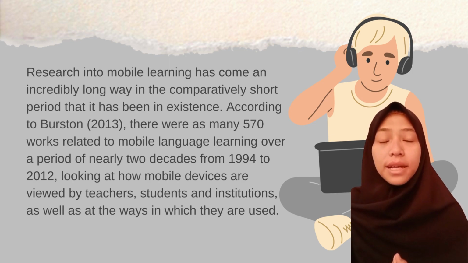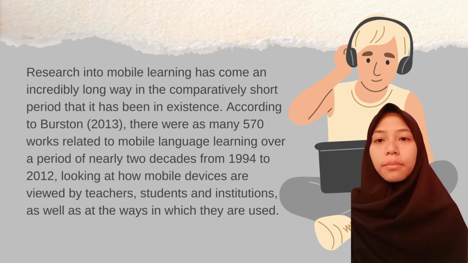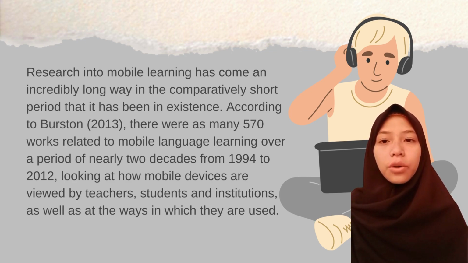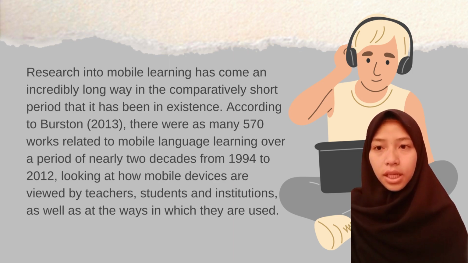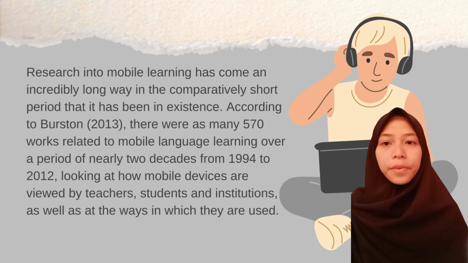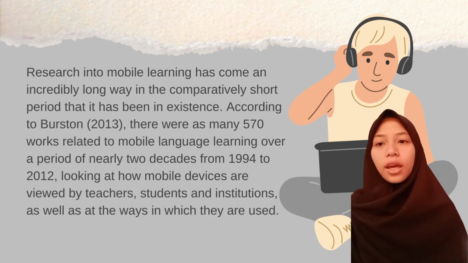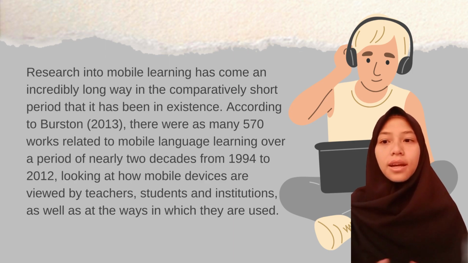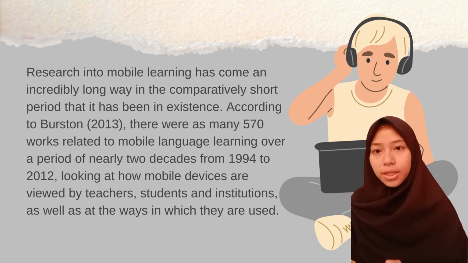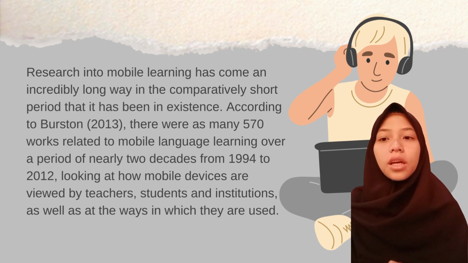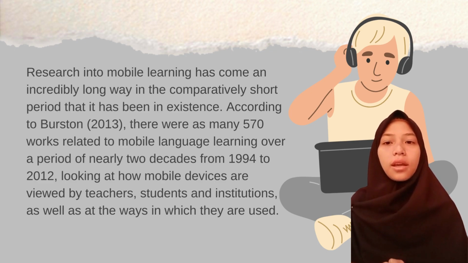According to Baston, there were as many as 5,070 works related to mobile language learning over a period of nearly two decades, from 1994 to 2012, looking at how mobile devices are viewed by teachers, students, and institutions, as well as at the way in which they are used.